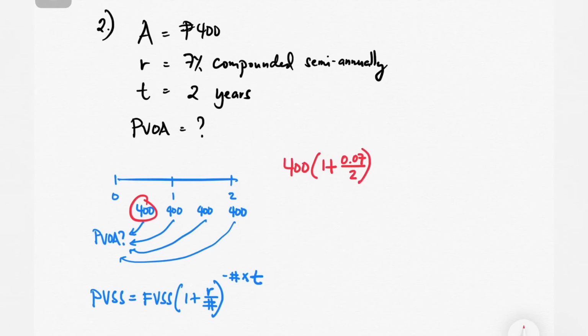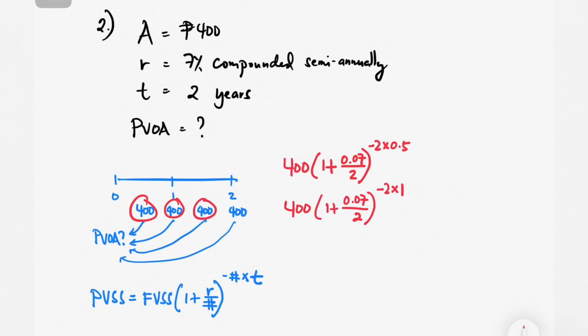We write 2 raised to negative 2 times, since this is only half a year, instead of writing 1, you write 0.5. Then for the second one, 400, 1 plus 7% divided by 2 raised to negative 2 times 1, because that's 1 year.